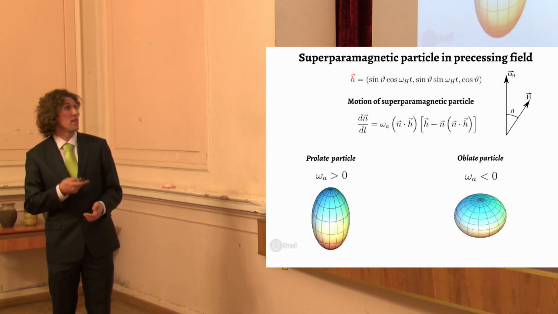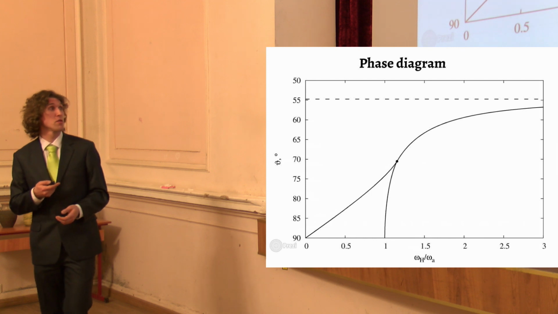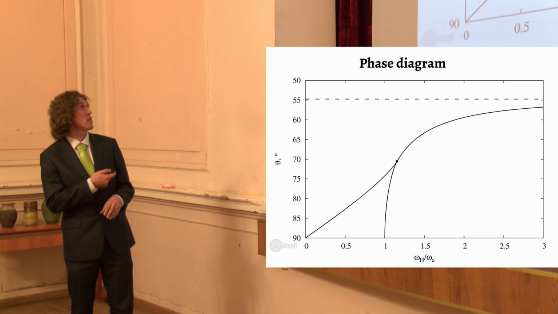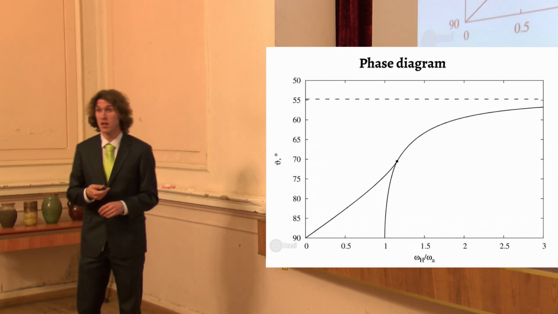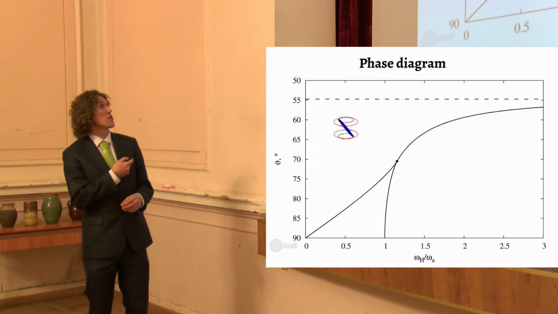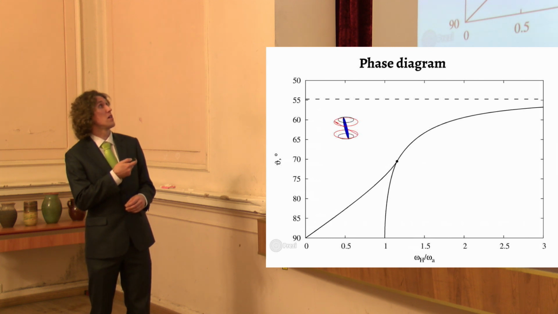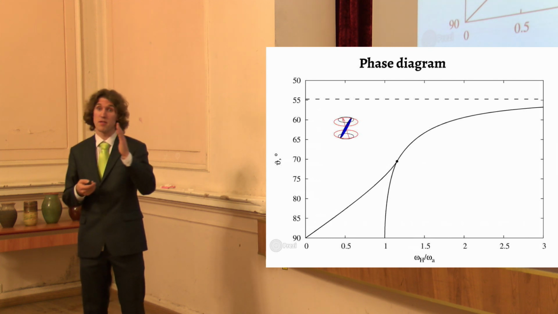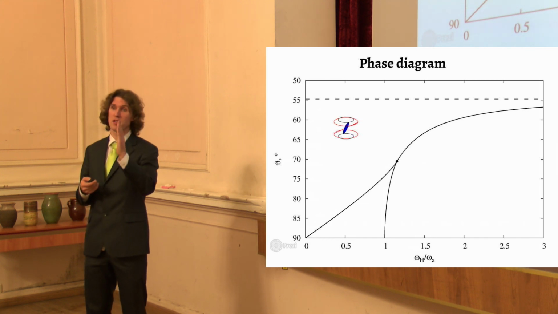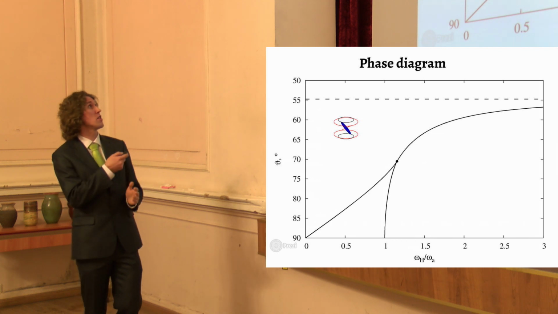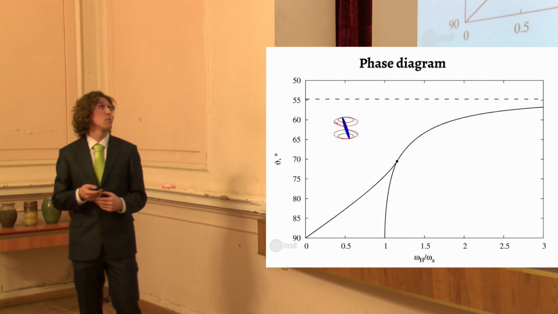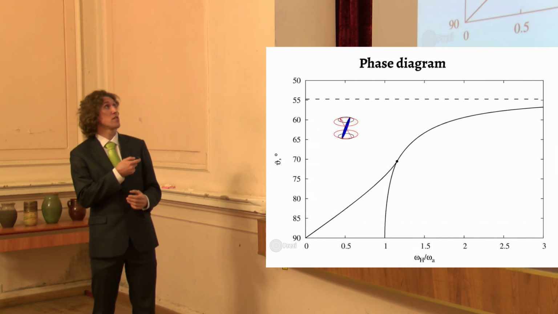If we put it in that field, two regimes are possible: synchronous rotation or asynchronous rotation. Depending on the angle and on the frequency of the external field, if the angle is quite small, that is, the field is more vertical than horizontal, then this elongated particle, or prolate spheroid, will rotate synchronously.